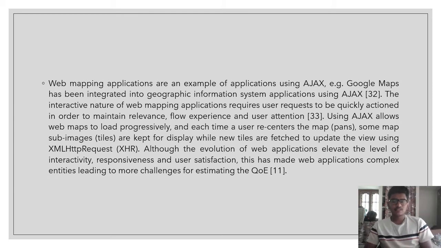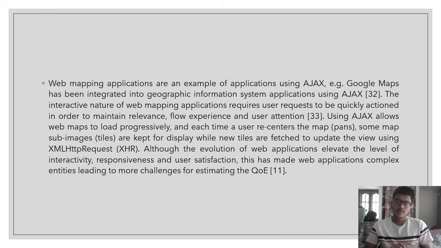Web mapping applications are an example of applications using Ajax. For example, Google Maps has been integrated into geographic information system applications using Ajax. The interactive nature of a web mapping application requires a user request to be quickly actioned in order to maintain relevance, flow experience, and user attention.